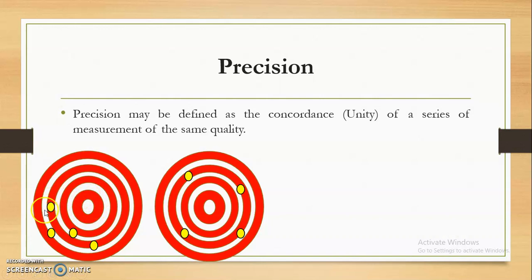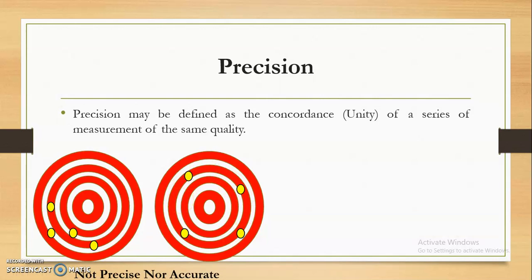Now suppose we get this type of result, meaning in 4 different attempts, the strikes of the arrow are outside the target. Here you can see these strikes are closer towards each other. But in this diagram, you can see these strikes are away from each other. So these results are not precise, not accurate.